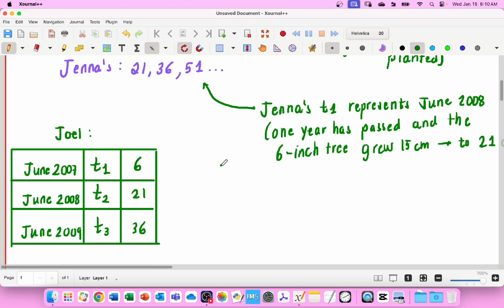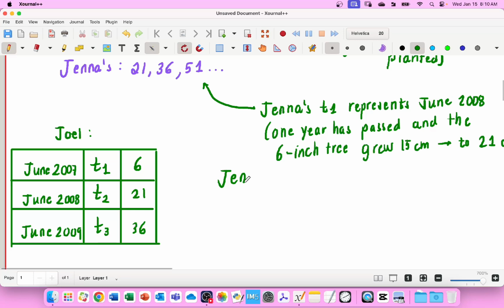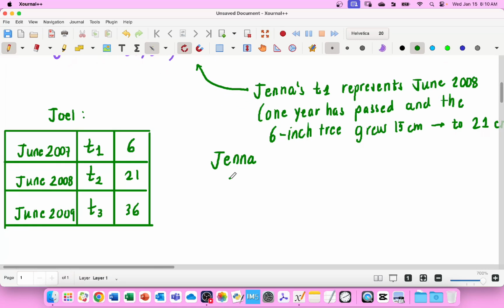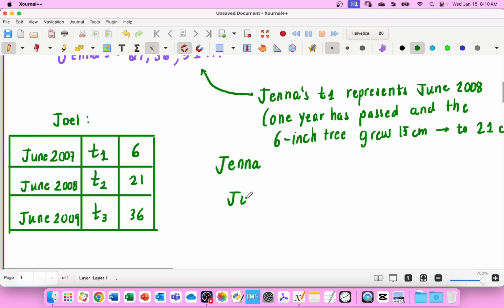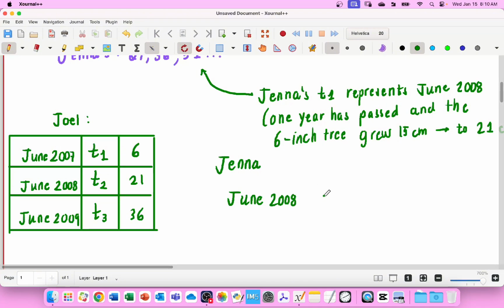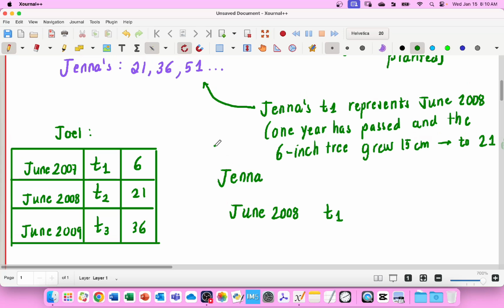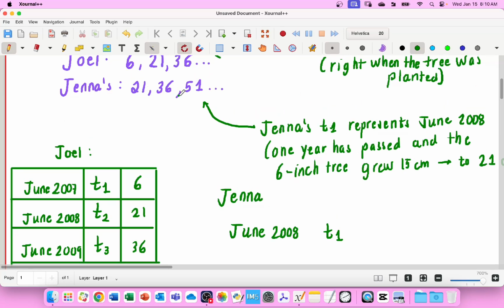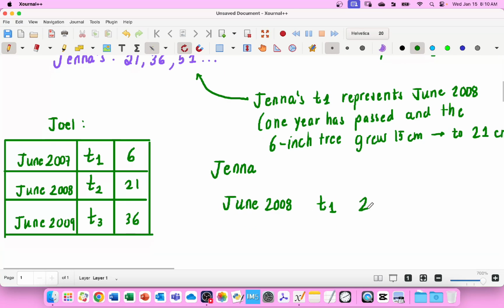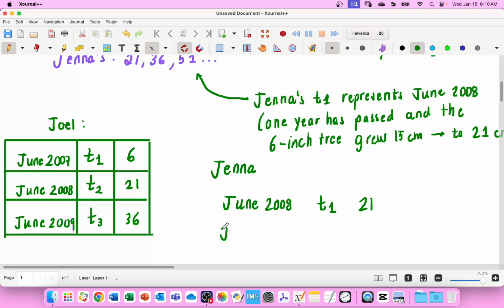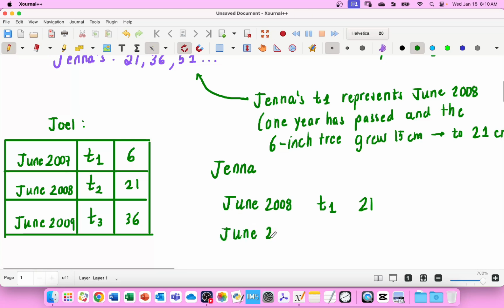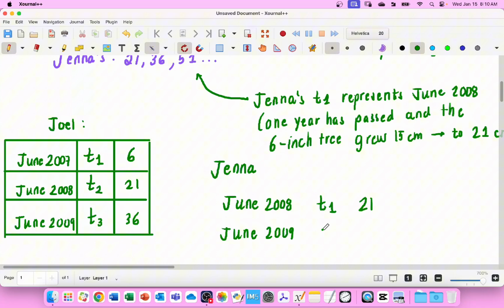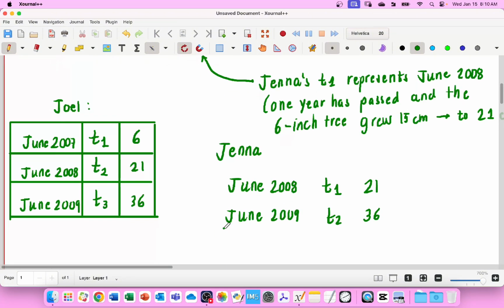Jenna has sort of done it a little differently because she said that, okay, in June 2008, T1, because her initial term, her starting point, is 21. June 2009, T2 is 36.